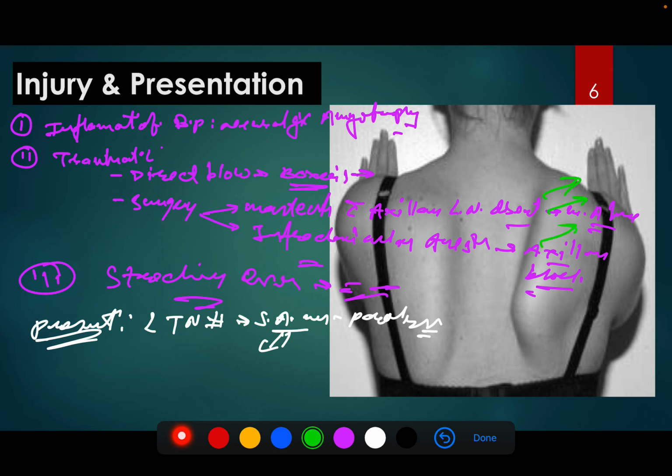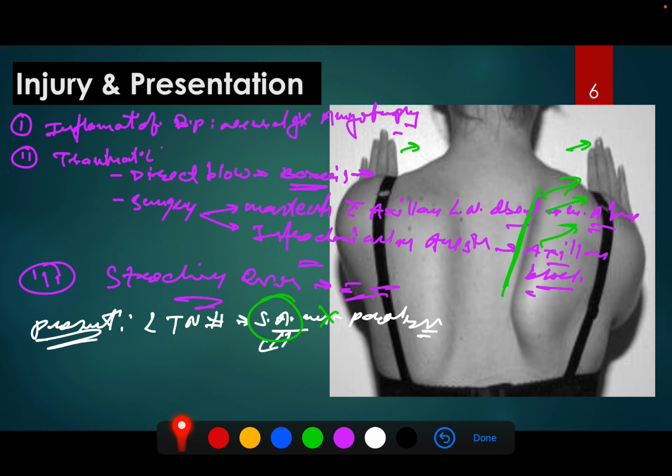So if this muscle is injured, it cannot pull the medial border of my scapula forward, so when the patient pushes the wall forward like this by the hand, then this medial border of my scapula will be projected backward, right?